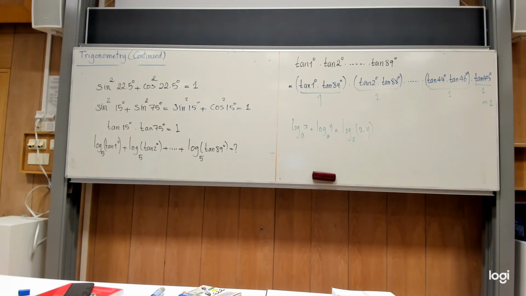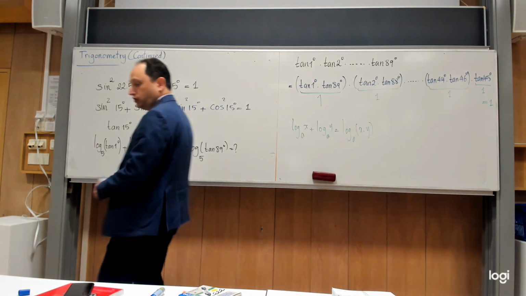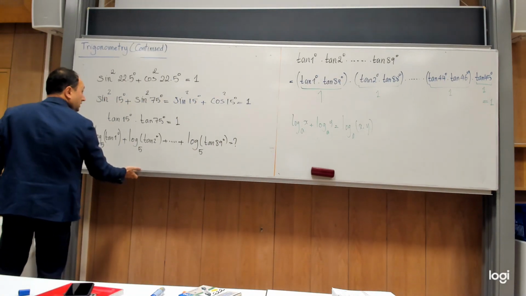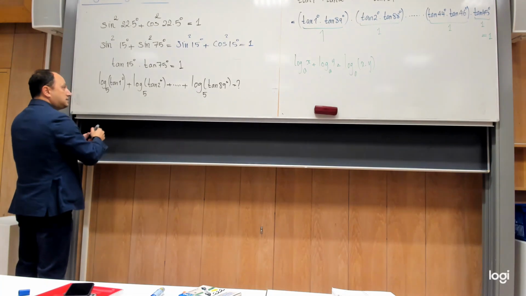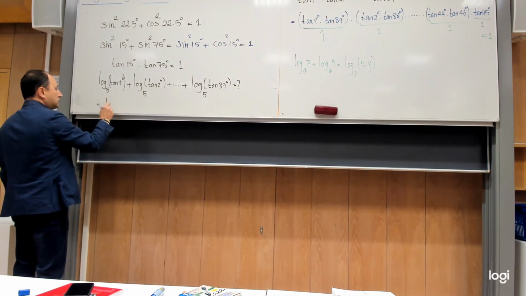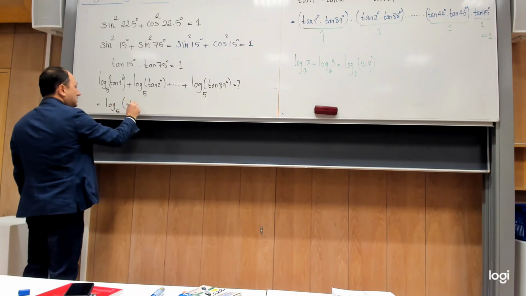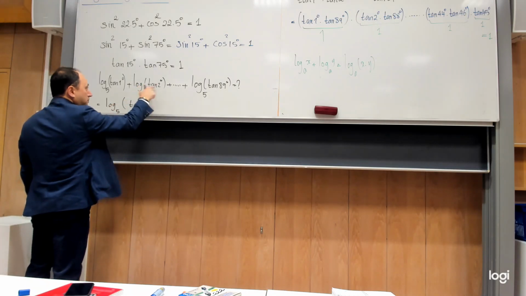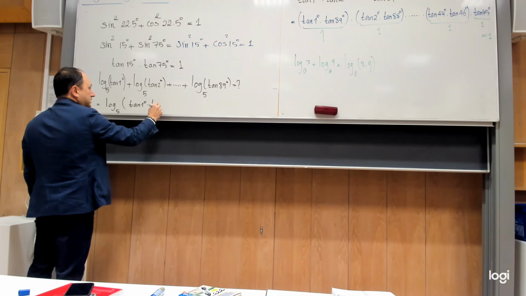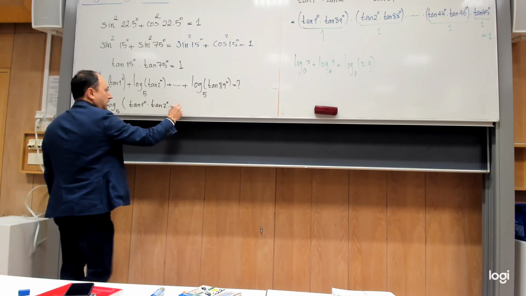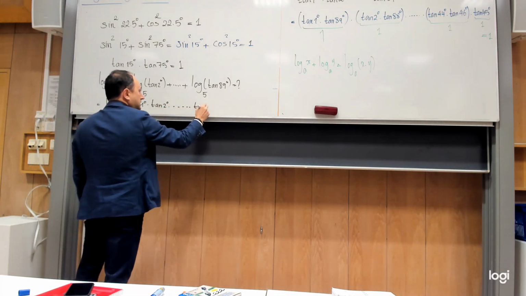0. Yes, why is that? Because according to this rule, I can write this question mark as log of 5, and then I should write tangent of 1 degree, not plus, multiplied by tangent of 2 degrees, multiplied up to tangent of 89 degrees.